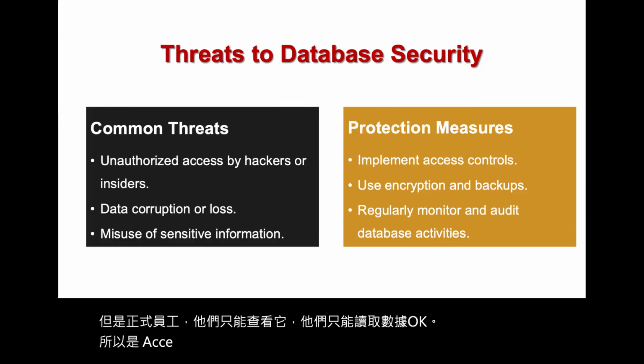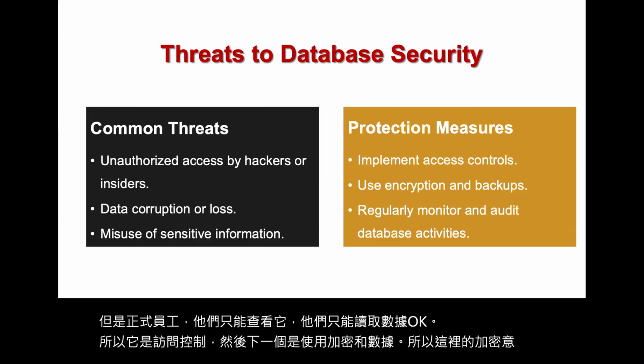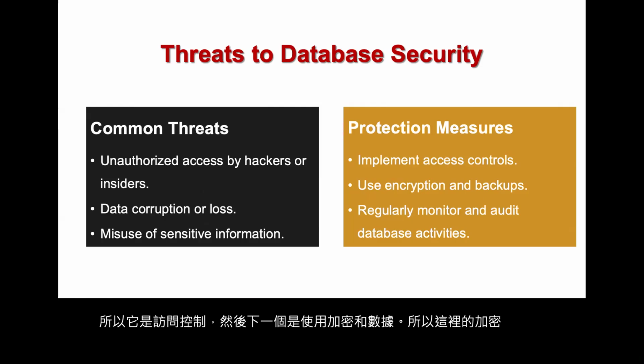The next one is to use encryption and backups. Encryption means the data is scrambled so that even if someone steals it, they cannot read the data without a special key.